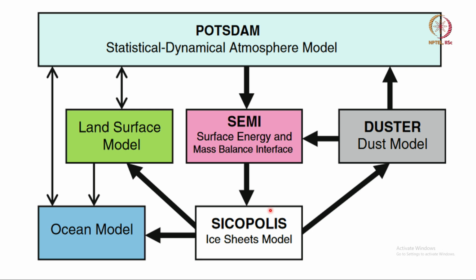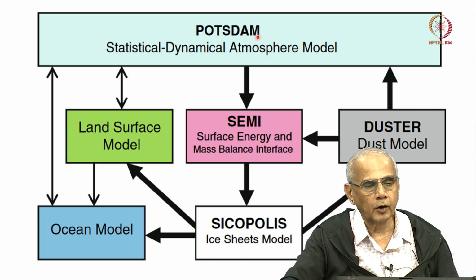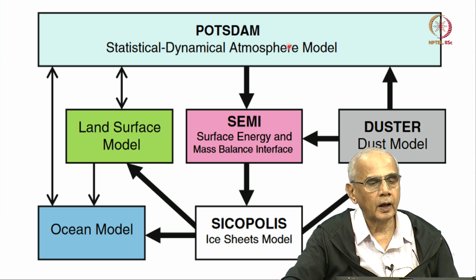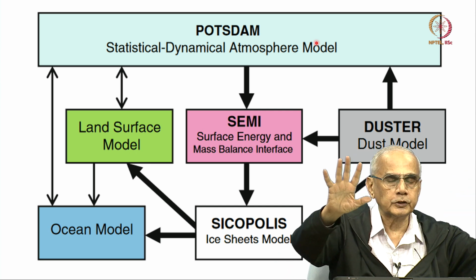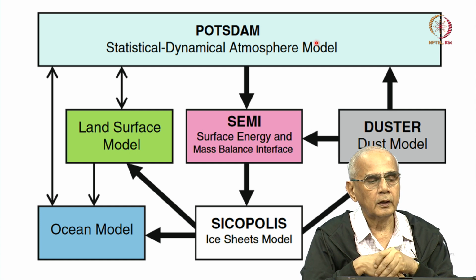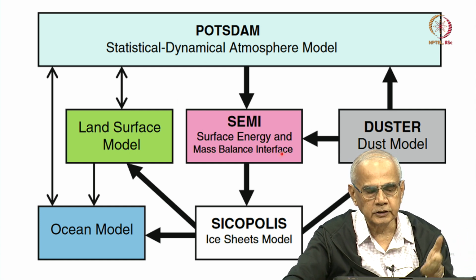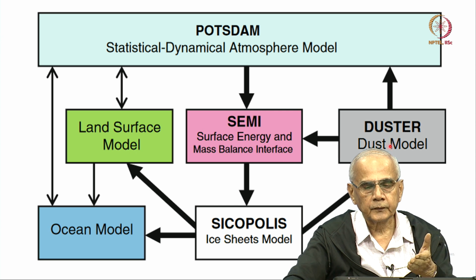Now, one of the models that was discussed by Stefan Rahmstorf was known as the Potsdam model, and it has a statistical dynamical atmospheric model, not the full atmospheric model. It has a land surface model and energy balance model and a dust model.